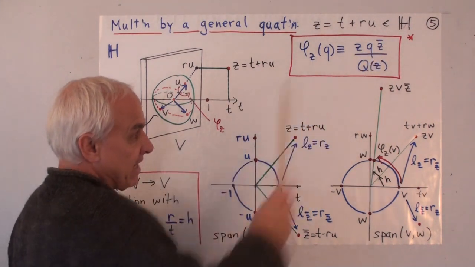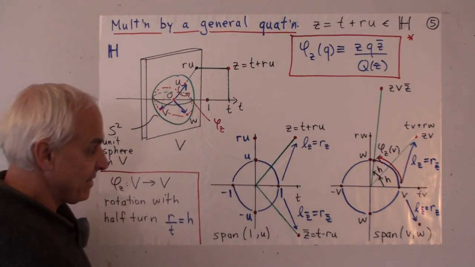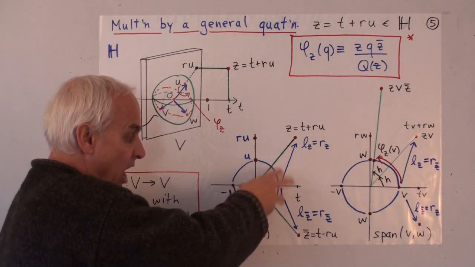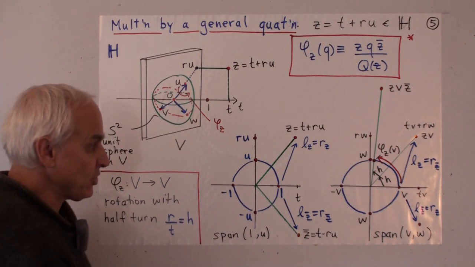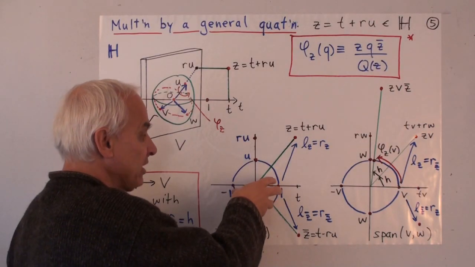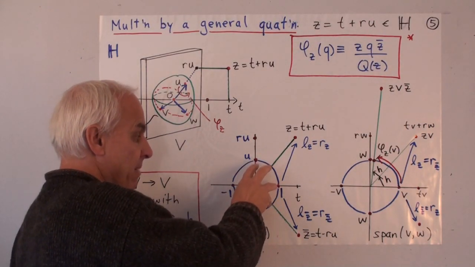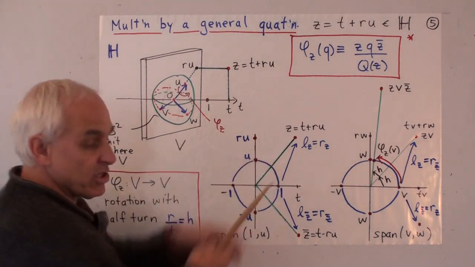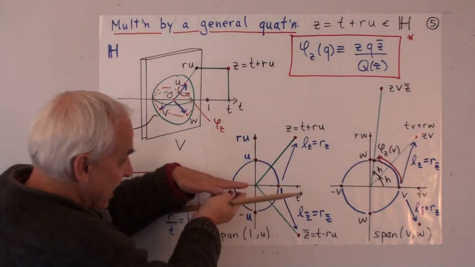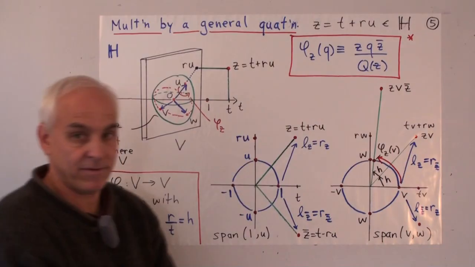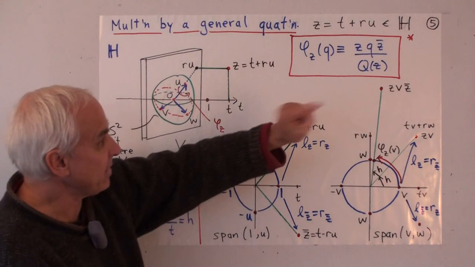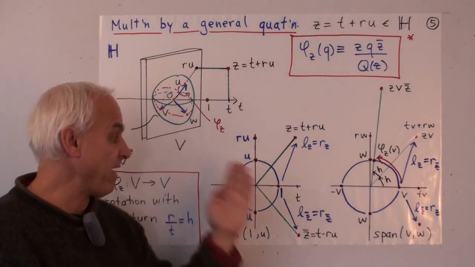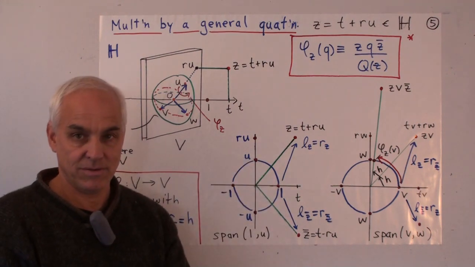And when I multiply by z bar on the right, I'm getting a rotation dilation in the opposite direction. So the cumulative effect of multiplying by z on the left followed by multiplying by z bar on the right is that the directions cancel out, and we just end up scaling by q of z. So when we divide by q of z, the effect is to leave everything here completely unchanged.